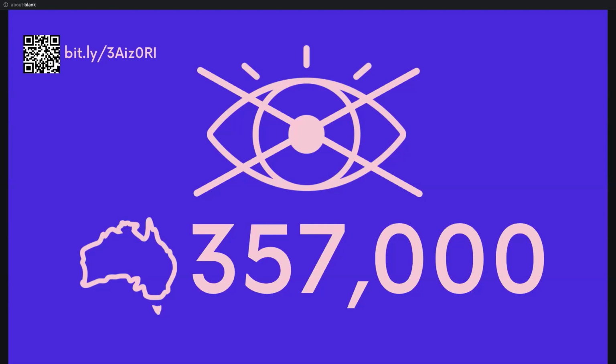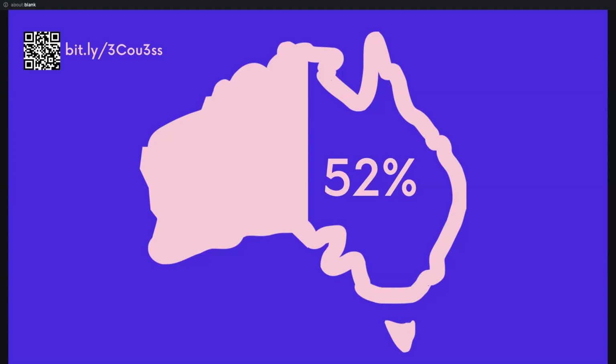Full or partial blindness. In Australia, there are currently 357,000 people who have full or partial blindness. This is only 1.4% of Australians, but it doesn't actually include people with a lot of different chronic vision issues. If we're talking about chronic vision issues, it's 52% of Australia.